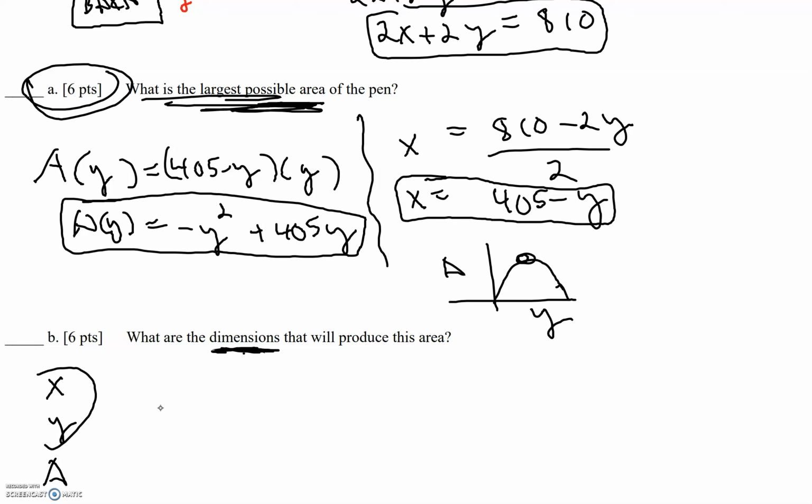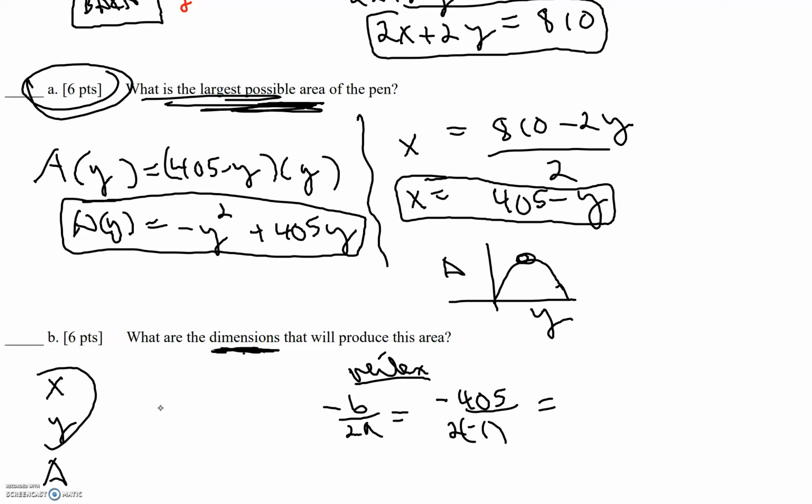So first we need the vertex. So negative b over 2a is negative 405 divided by 2 times negative 1, which is something inconvenient. What is that? That's positive. And I'm trying to decide, do I want to simplify it, or do I want to leave it as a fraction?